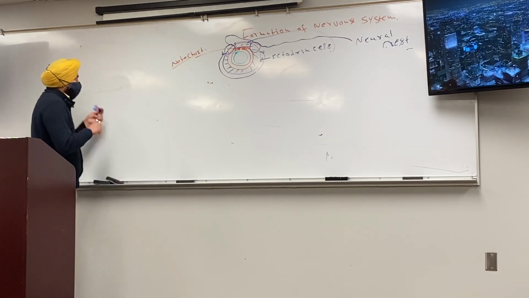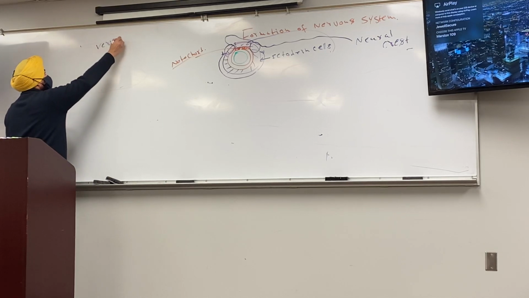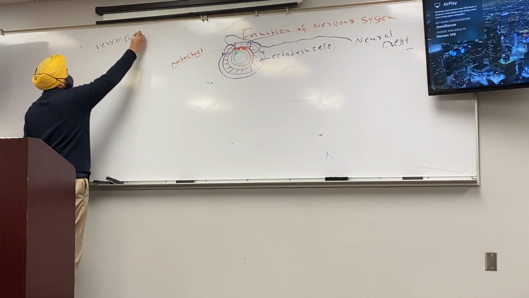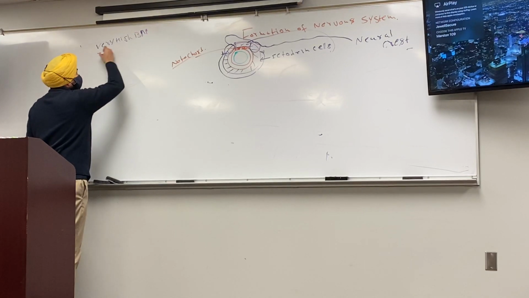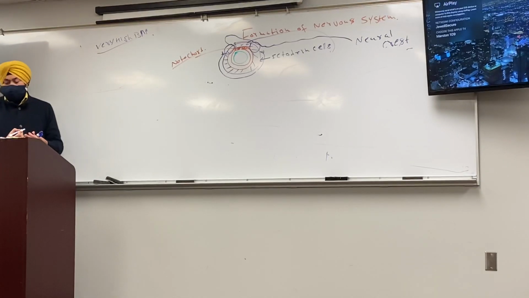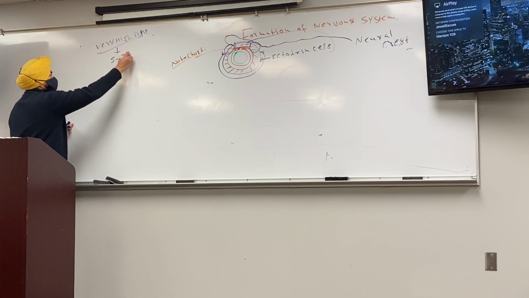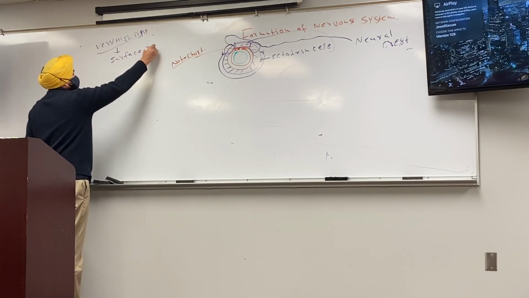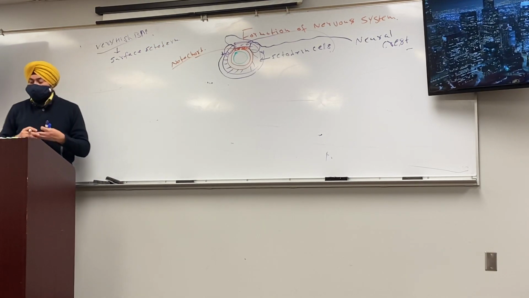So this part, which has very high BMP, is going to become what you call surface ectoderm. Very high BMP, surface ectoderm.